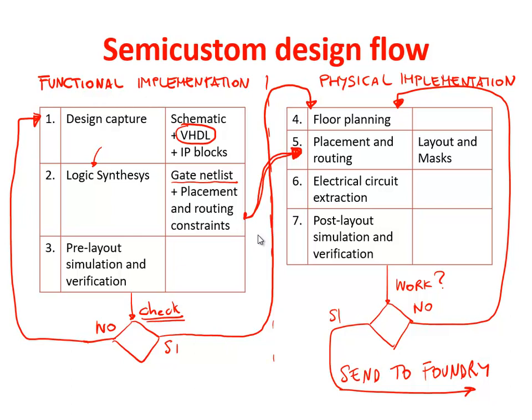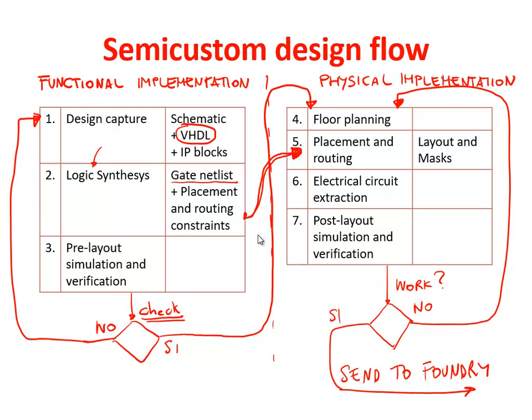So when I make some assumptions on the delay of the signal in the VHDL circuit, implicitly I'm putting some constraint on the distance between two logic blocks. And this has to be verified when I go to the physical layout of the circuit.